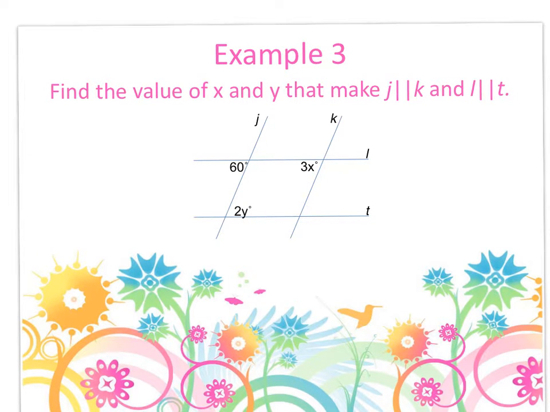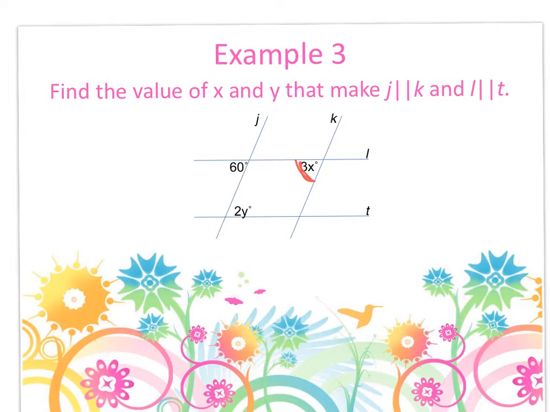Okay, this one says find the value of x that makes J parallel to K and L parallel to T. So here we've got 2 sets of parallel lines, and this is where it gets a little bit trickier, okay? So let's start with x, for example. X is here, right? Does x have any relationship with 2y?